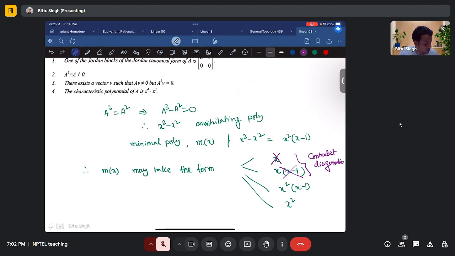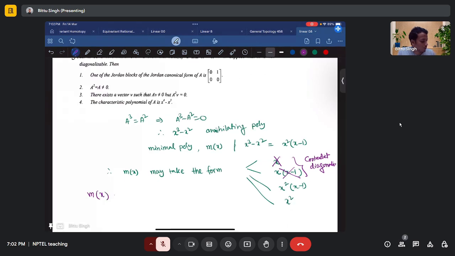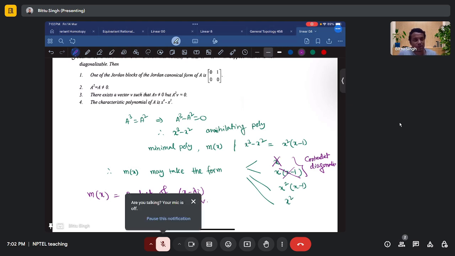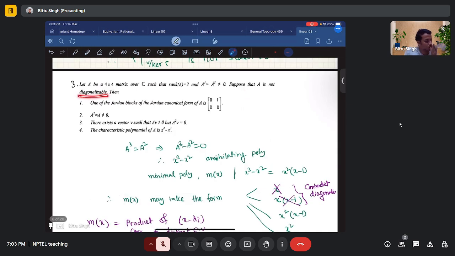Recall that if mx is a product of x minus lambda corresponding to distinct eigenvalues, then that matrix is actually diagonalizable. So those two are diagonalizable, so those two are not possible because it is given that A is not diagonalizable.